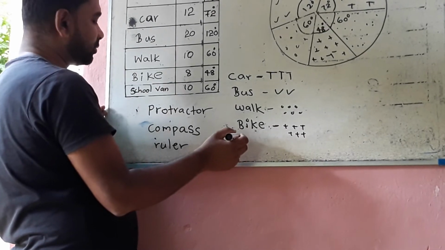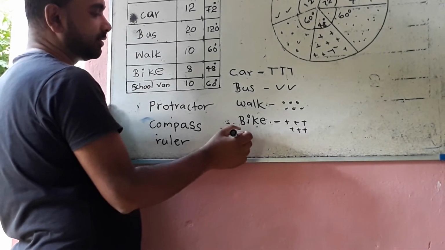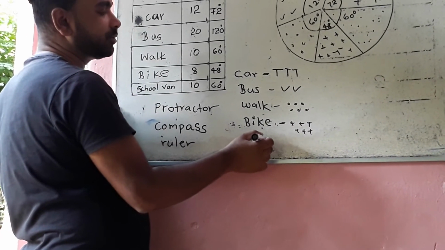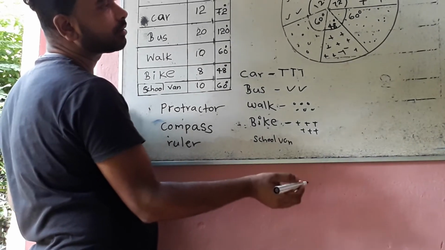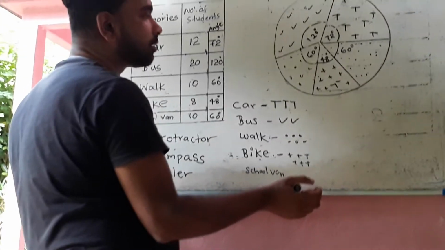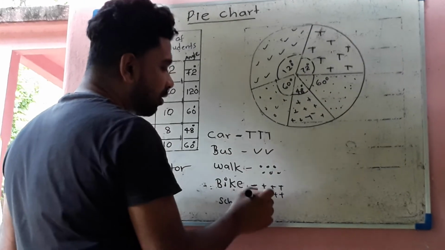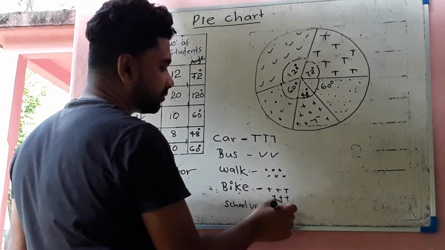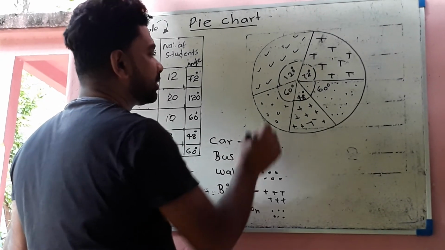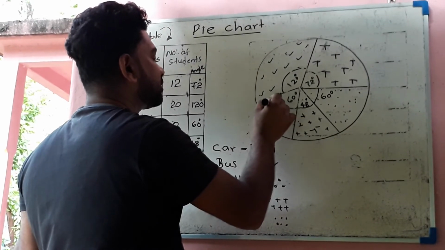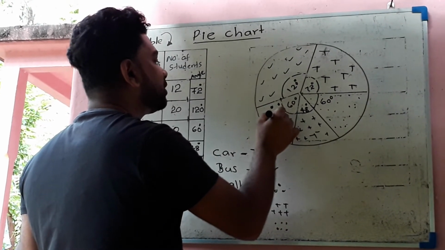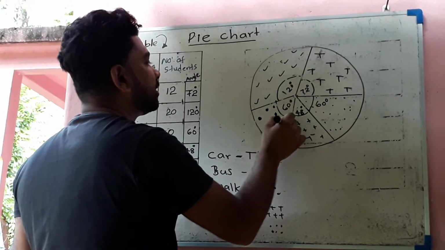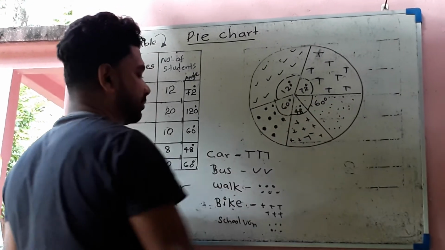For the students who come to school using school van, I have used small dots. Here big dots, here small dots.